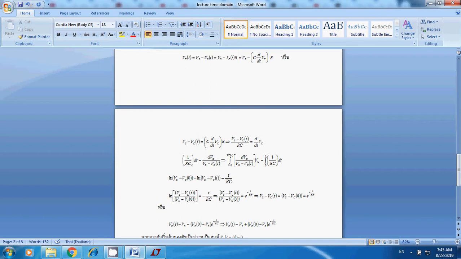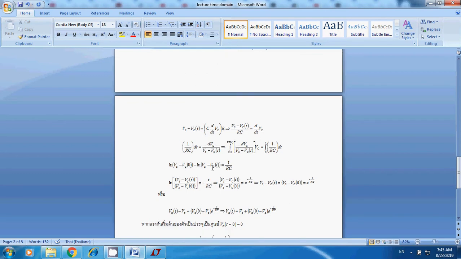And then you move Vs minus Vc to the right and dt to the left, and you're ready to do the integration. So on the left, you integrate with respect to dt. Start from the limit of integration, from the time of 0 to the time of t.